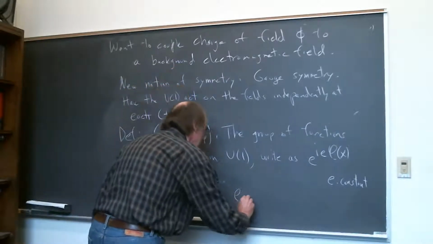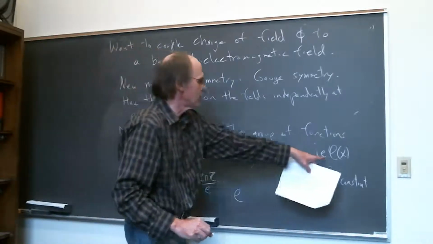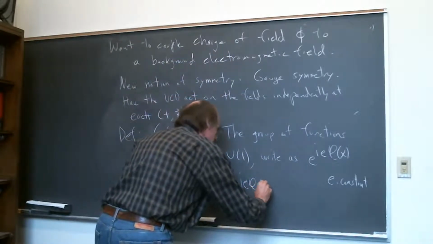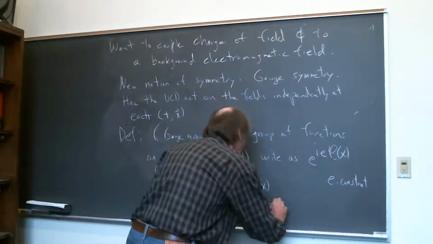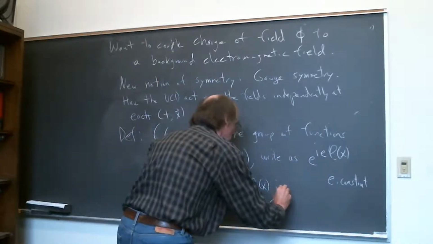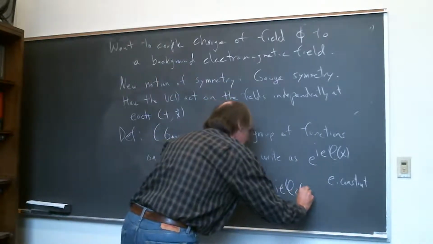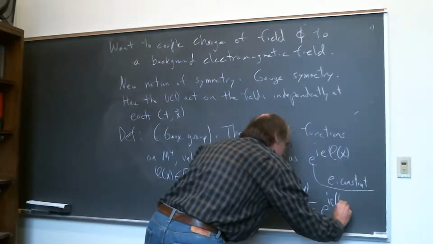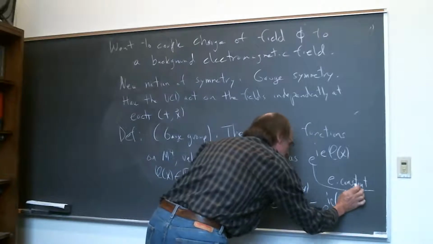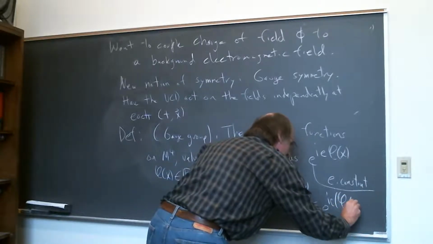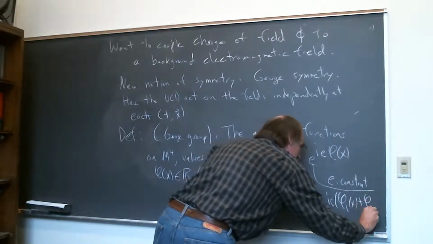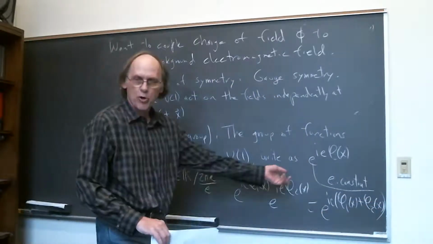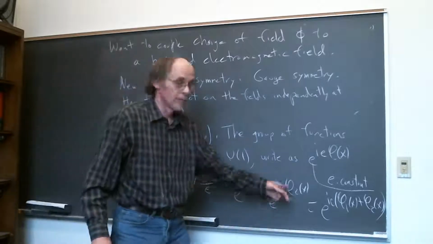So if you have two of these functions, e to the i e phi 1 of x, you can multiply it by another one in the obvious way, e to the i e phi 1 of x plus phi 2 of x. It's just pointwise multiplication of these things.